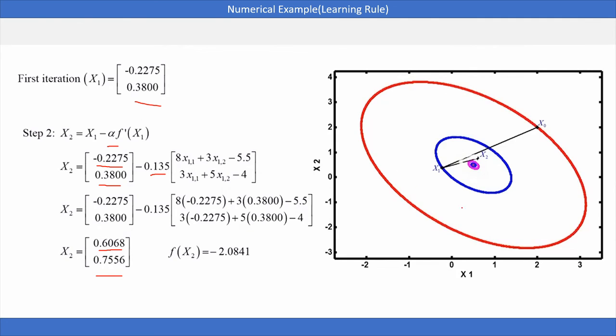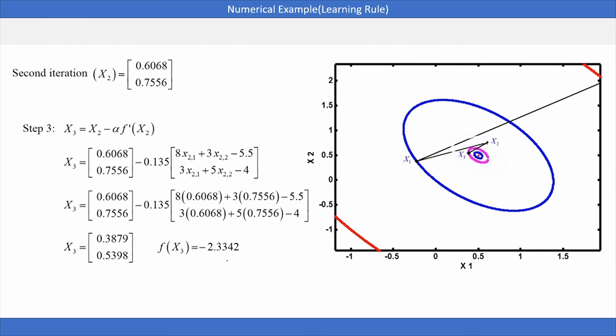If I plot this value, 0.6 in the x1 value somewhere here, and somewhere around 0.7 here, I'll get this value, which is again minus 0.20841. So again this is not the optimal value, and I need to repeat this process in the third step.